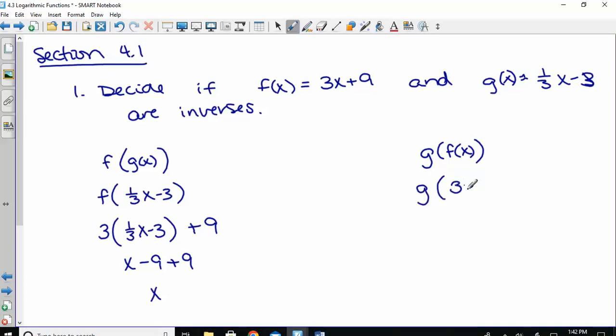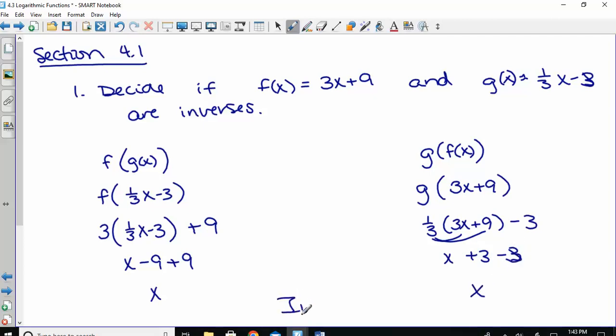So g composed with f. So we would have 1/3 times the 3x plus 9 minus 3. So we get x plus 3 minus 3, which is x. So these are inverses. If either one is not just a plain x, they're not inverses.